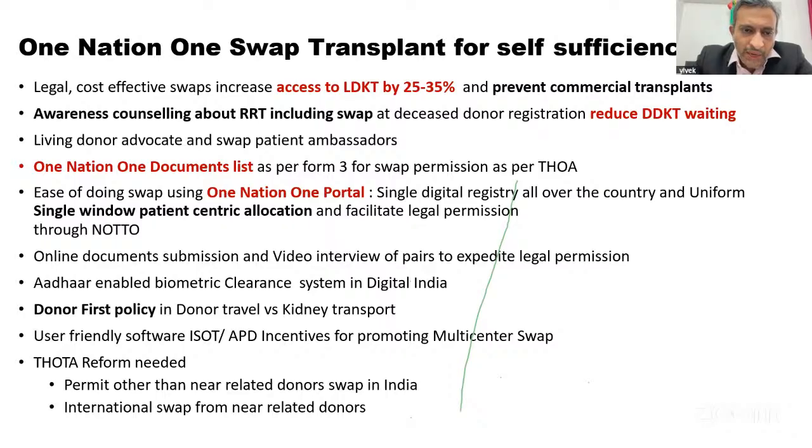Then the living donor advocate and swab patient ambassador program we are using is very useful. Then one nation one document checklist as per Form 3 documented by the Transplant of Human Organs Act, in the recent advisory by NOTO, is now followed by the majority of stakeholders.